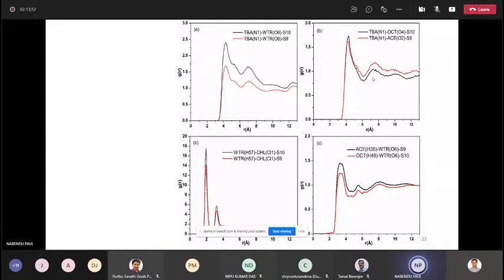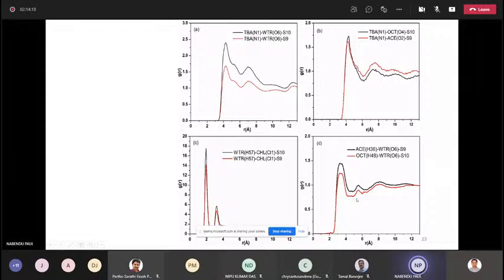These are for systems S9 and S10. S9 contains tetrabutylammonium chloride and acetic acid with water, whereas system S10 has tetrabutylammonium chloride with octanoic acid and water. So system S9 contains acetic acid, S10 contains octanoic acid.